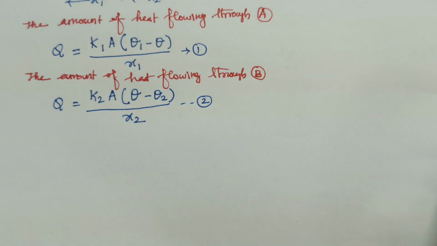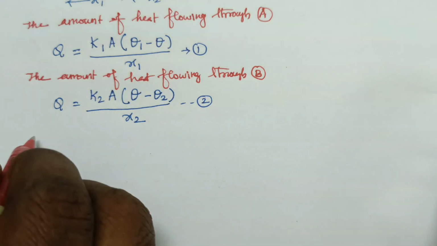So these are the general equations. Now the amount of heat flowing through materials A and B is equal in steady state. Now at steady state we equate the equations.